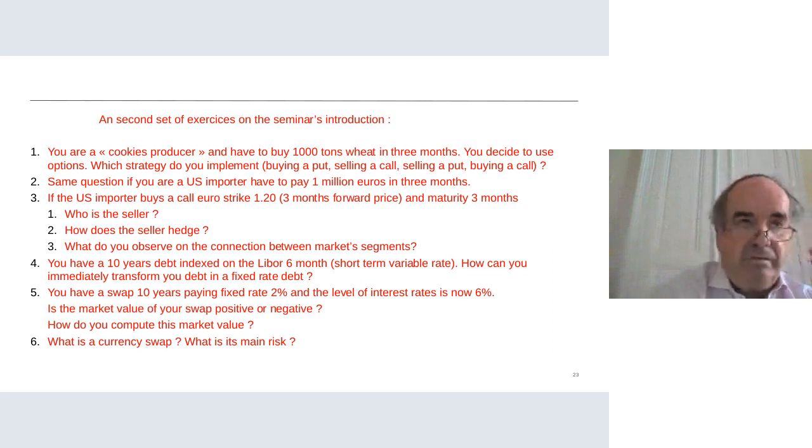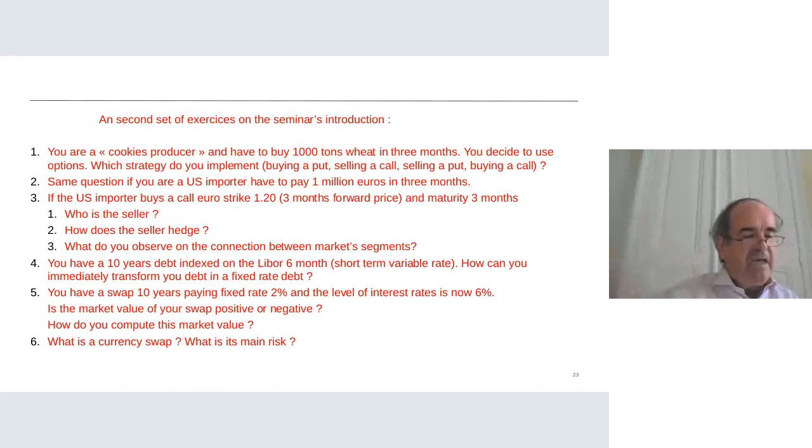And the speculators make money. That means, be careful with that. If you want the euro to move up, you say, I buy calls. And if I buy calls, the bank will buy euro, and the euro will move up.